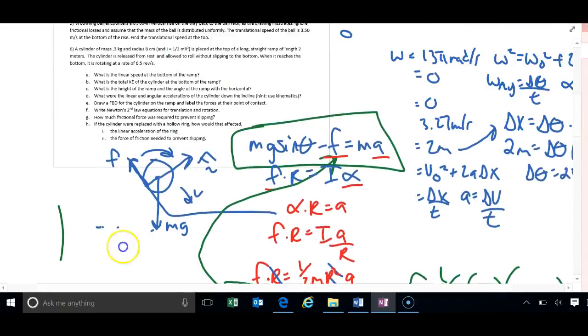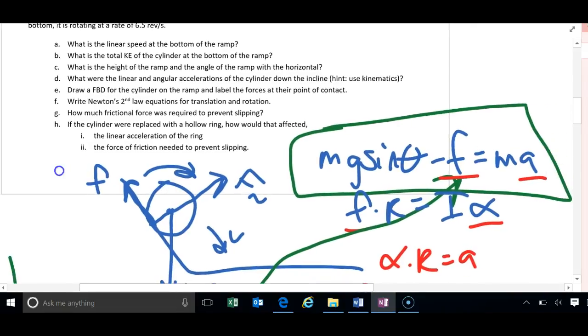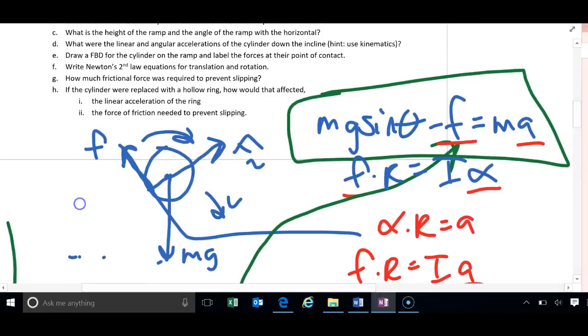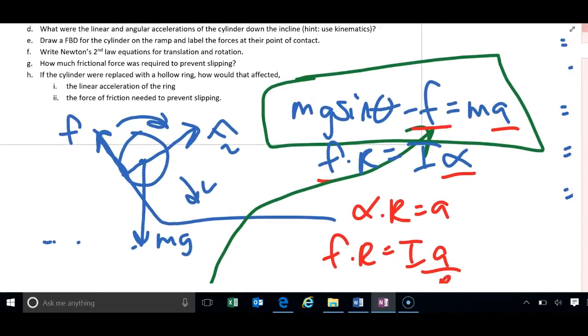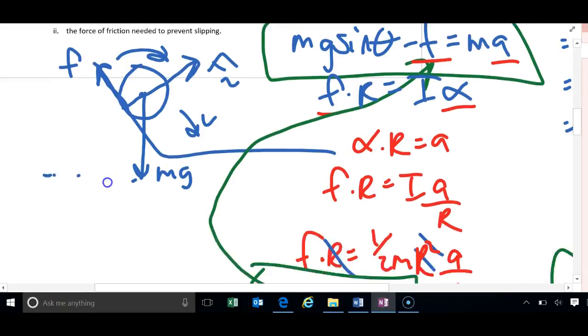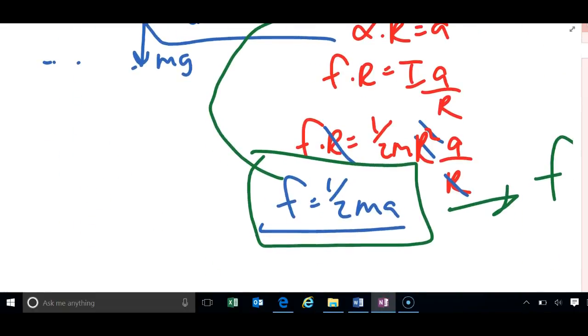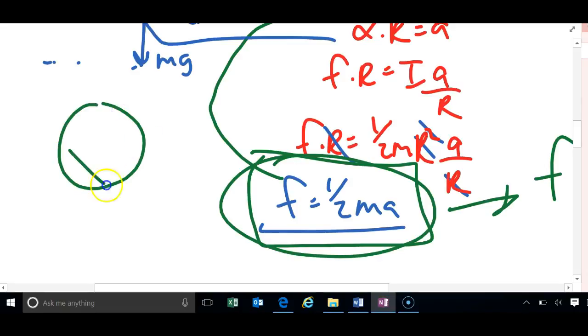We're almost done. The last one we had left is, if the cylinder were replaced with a hollow ring, how would that affect the acceleration? Well, I can look down here and see what affects the acceleration. Friction affects the acceleration. What would be different between rotating a cylinder and a ring?